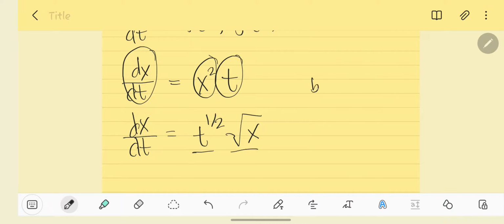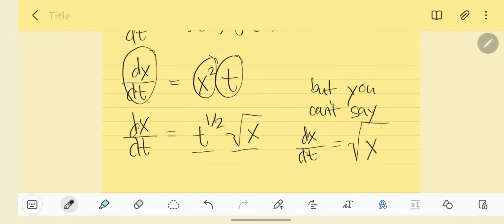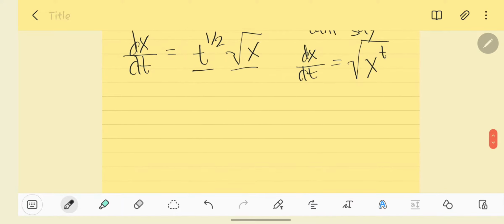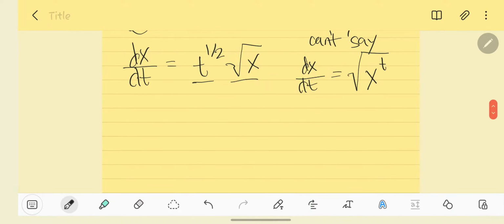But you cannot say dx over dt is equals to the square root of x to the power of t because the term x to the power of t cannot be separated.